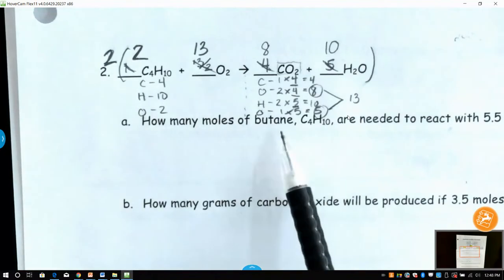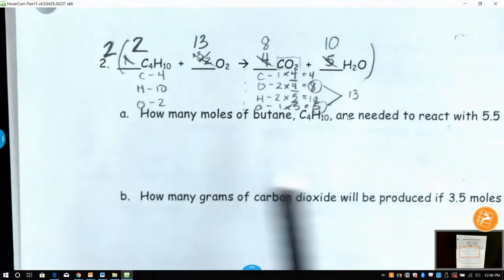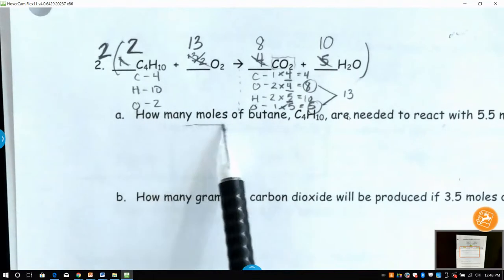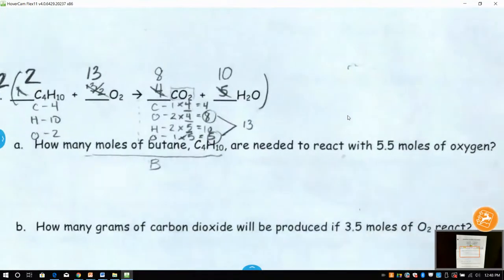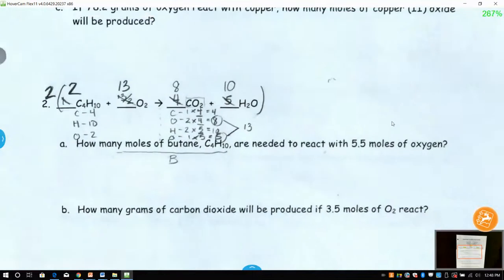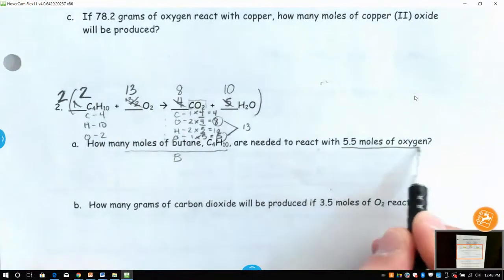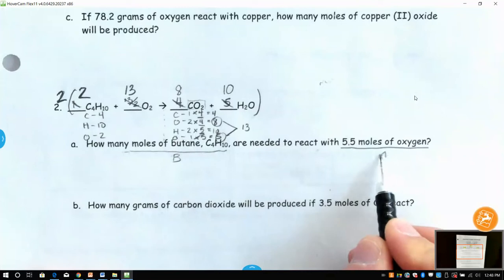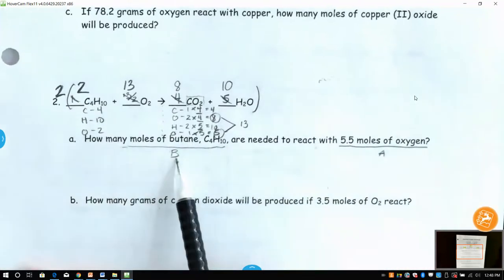This C4H10, guys, the name of that is butane. So when they're asking how many moles of butane, that would be B. And what are we starting with in letter A? 5.5 moles of oxygen. Wait, so why would it be B for butane?